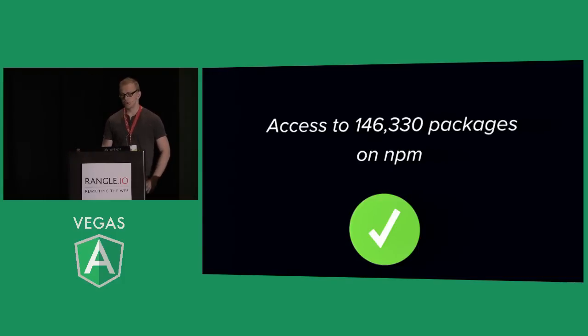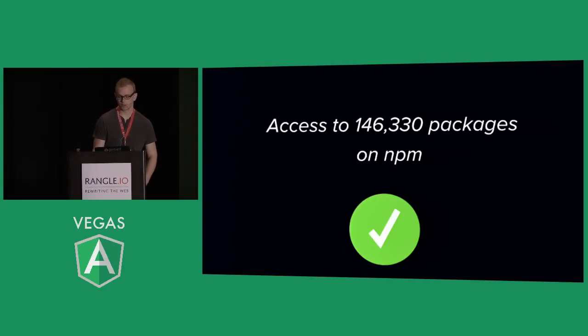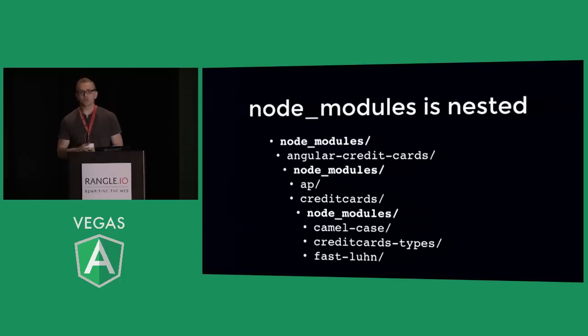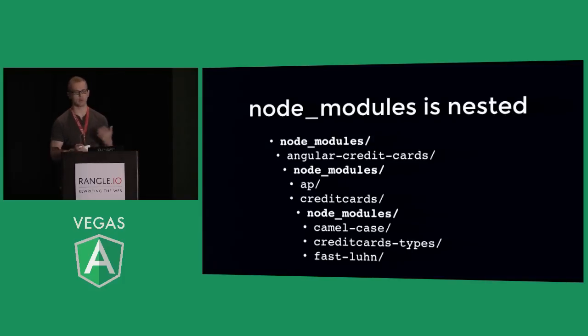And last is the middle item that we didn't cover, which is Bower's issue of dependency vomit. And this is a little bit harder, but Node, or rather NPM, deals with it quite nicely. So Node modules is nested, unlike Bower, which is completely flat. And so we're looking at here just an example of an application. And this application just has one dependency, and that dependency is Angular credit cards, which is a package that I wrote.